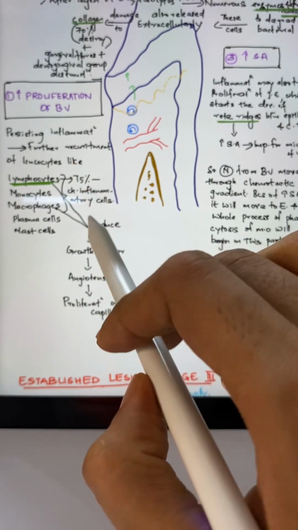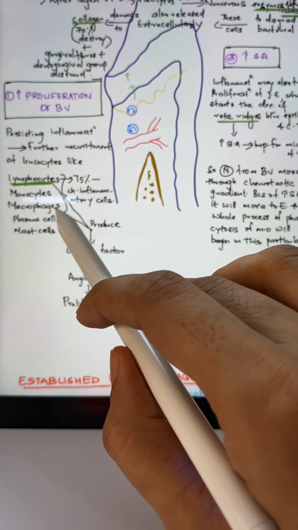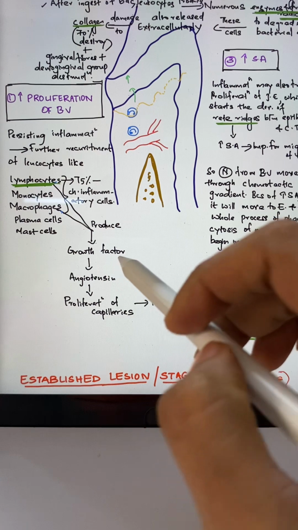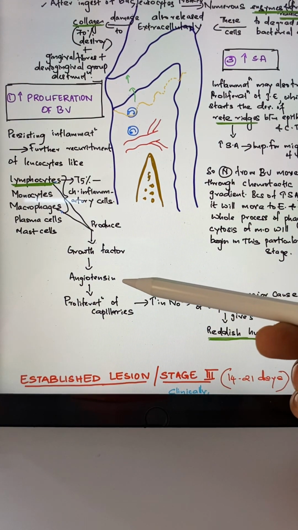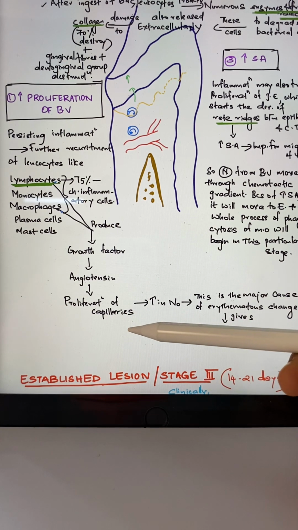These lymphocytes and macrophages produce certain growth factors, and that can lead to angiogenesis and proliferation of the capillaries.